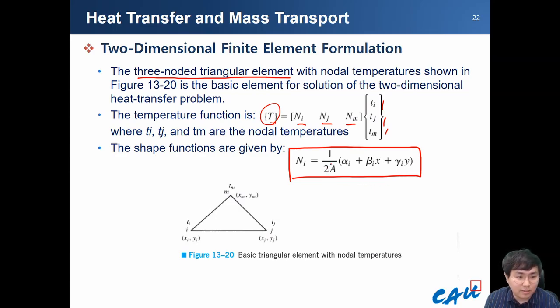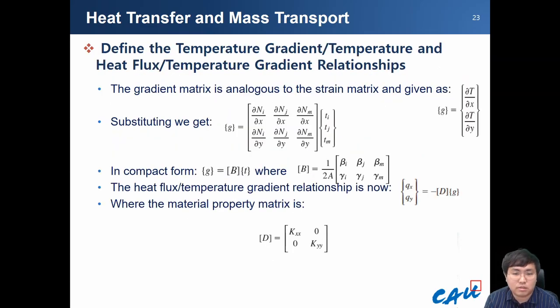I think you should memorize the exact values at least one time, so that you can easily derive these values. But I don't think we have enough time to start the derivation of these coefficients. Anyway, the temperature gradient matrix can also be expressed like this.